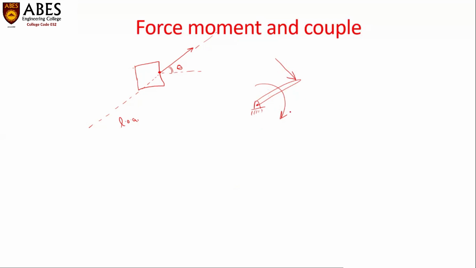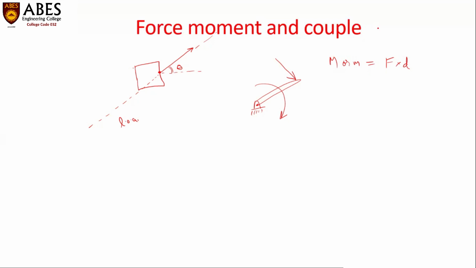So this turning effect of the force is measured with the help of a quantity called force moment, or simply moment. So moment is generally represented as capital M or small m. It is given by force multiplied by the perpendicular distance of the line of action of the force from the point about which we are measuring the moment.